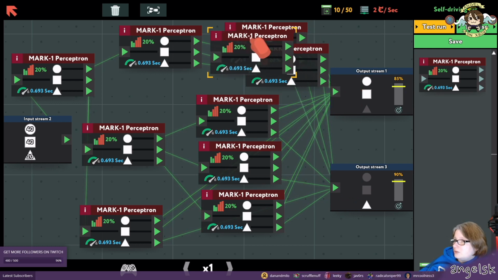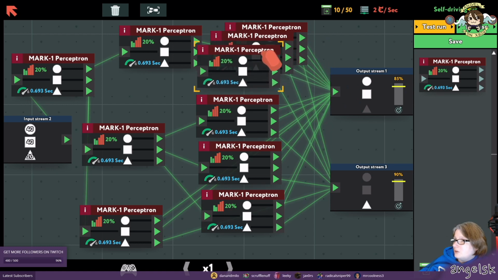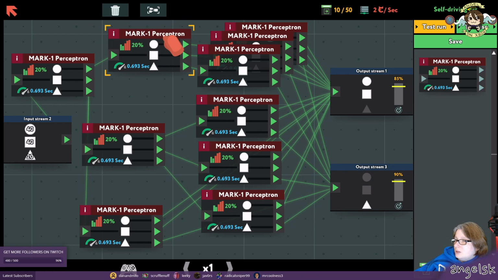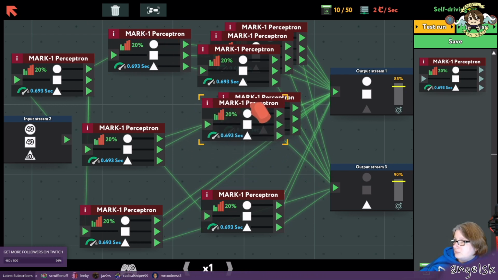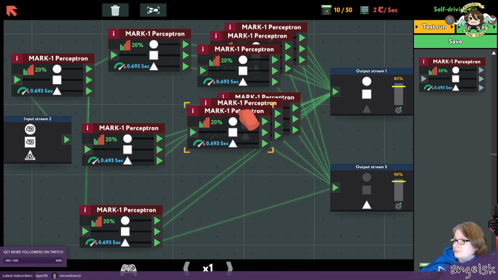I think I should do it the other way around just to check that I've not accidentally unhooked a thing, because it's quite easy to undo those lines.